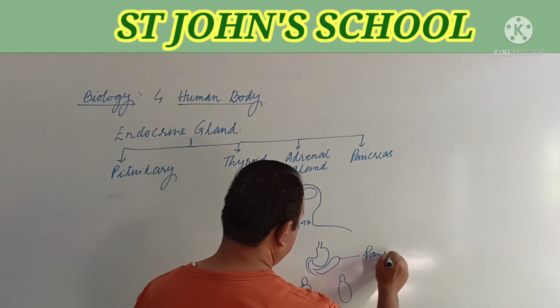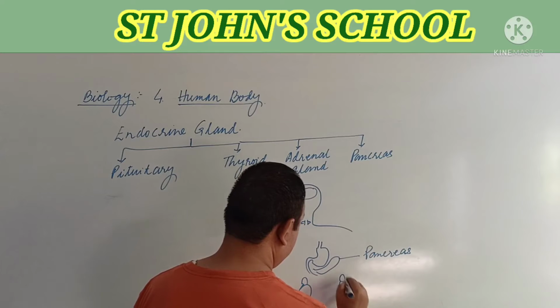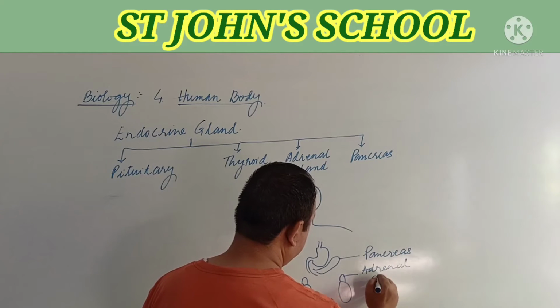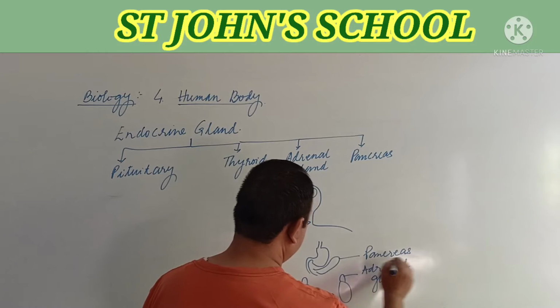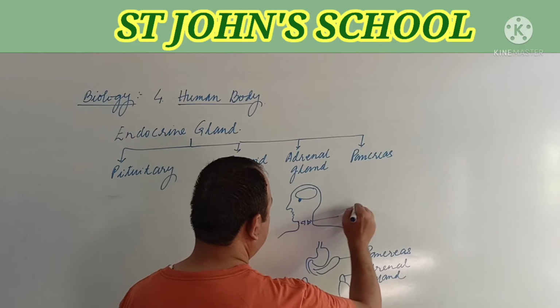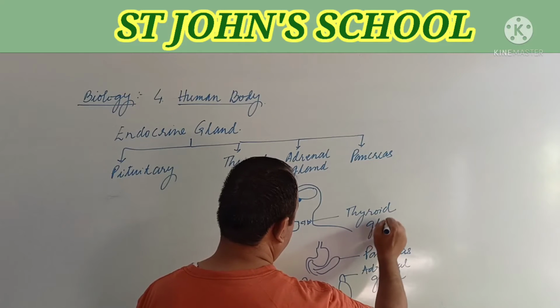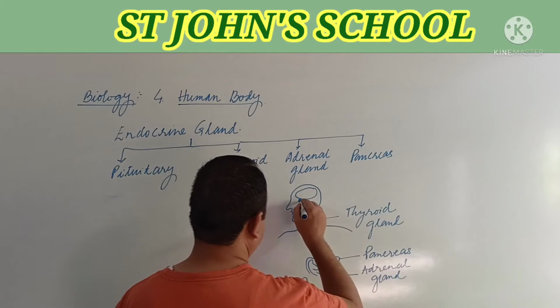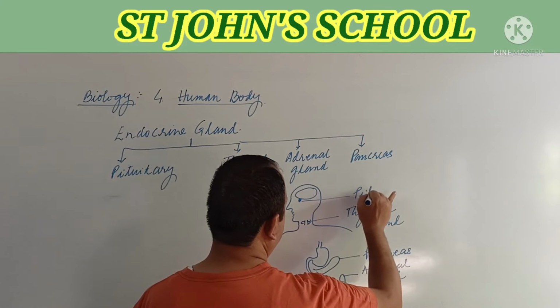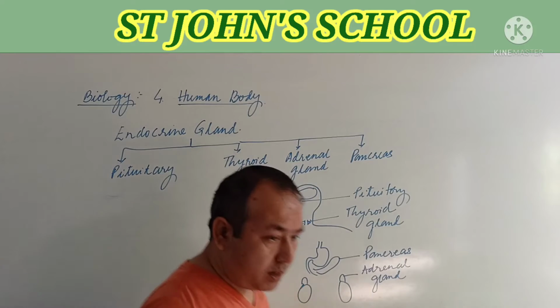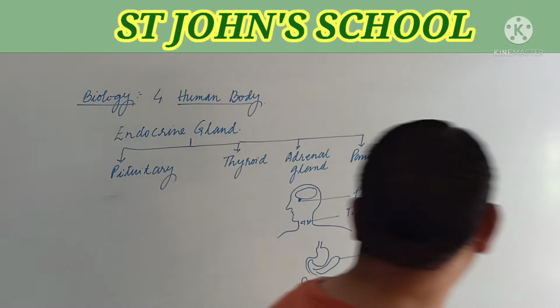Pancreas, adrenal gland, this is thyroid gland, and then again comes pituitary gland.